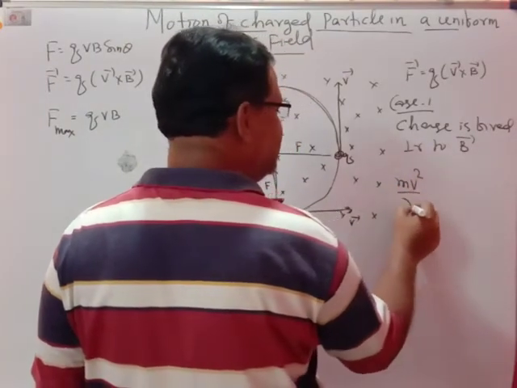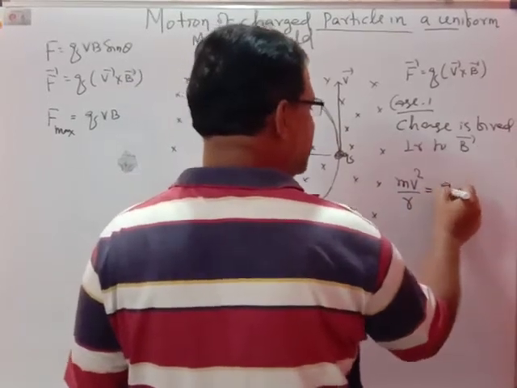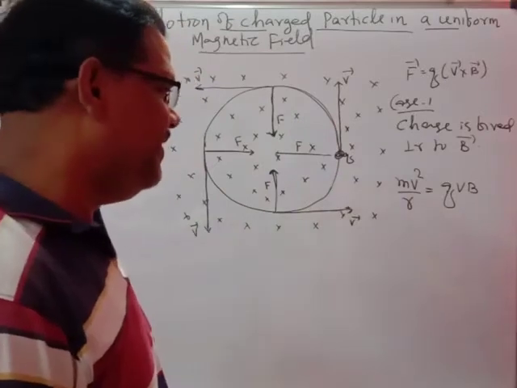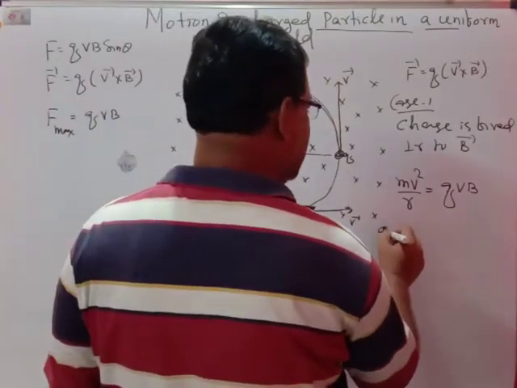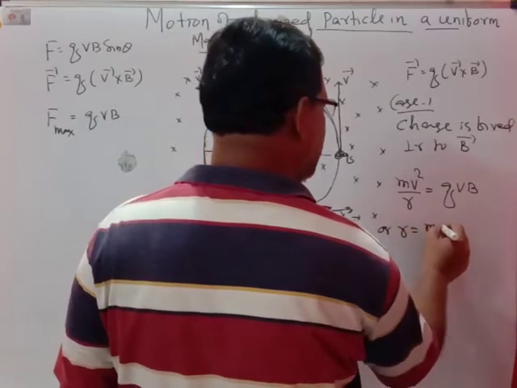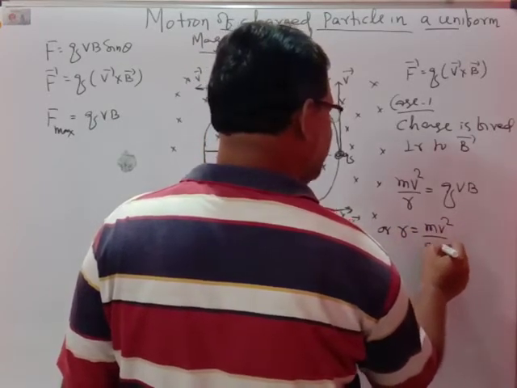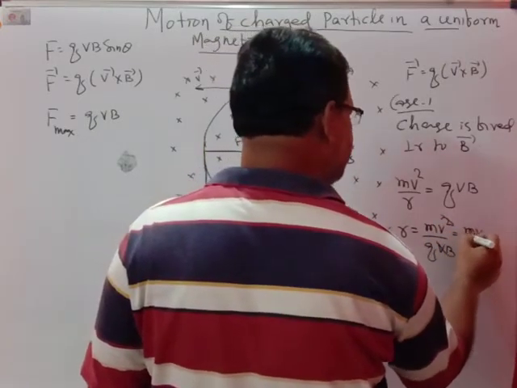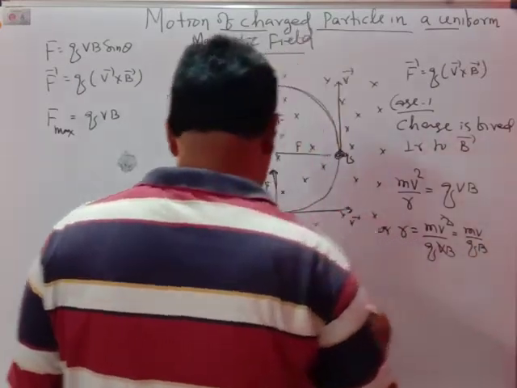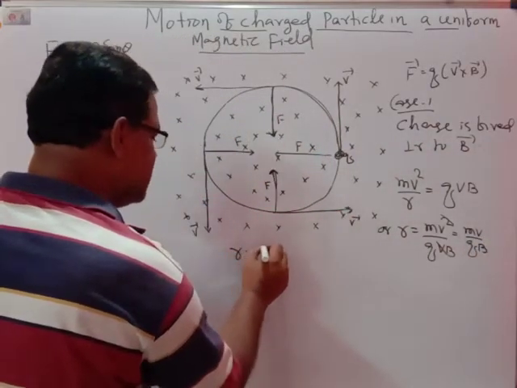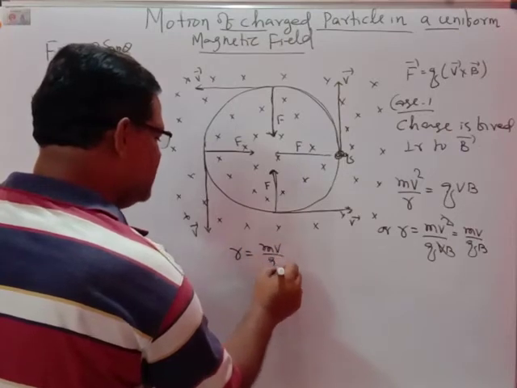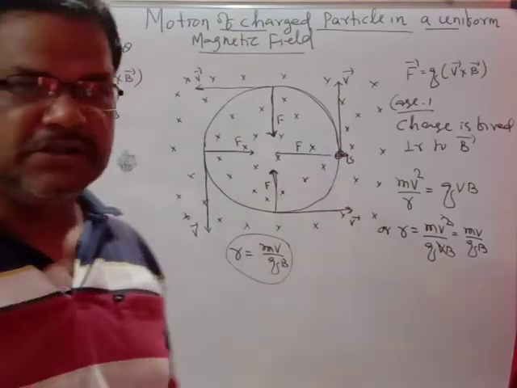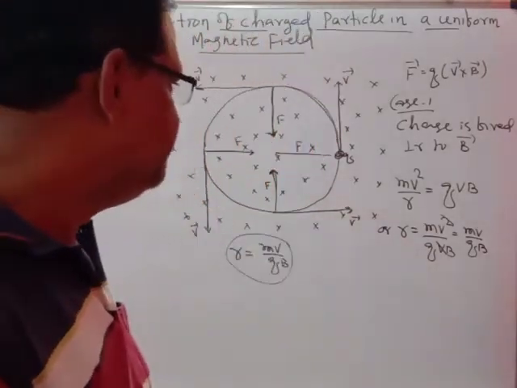This must be equal to the maximum magnetic force, qvB. So mv square upon r equals qvB, or r equals mv square upon qvB, and one v gets cancelled, so we find mv by qB. So the radius of the circular path is mv upon qB.